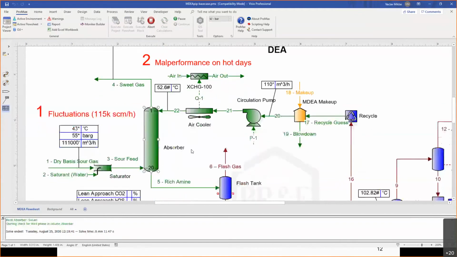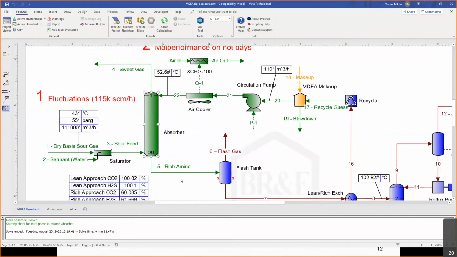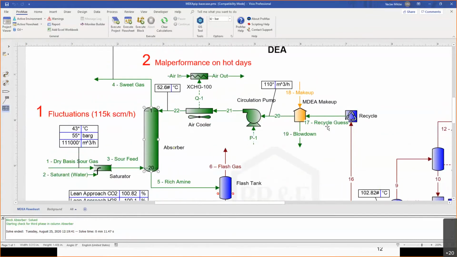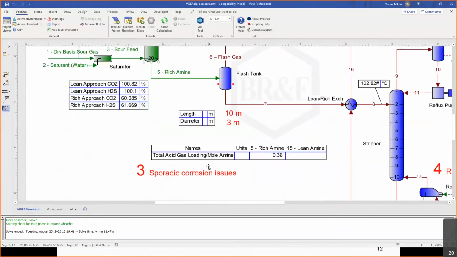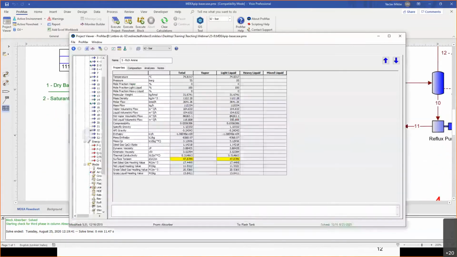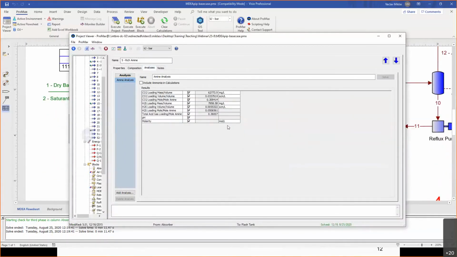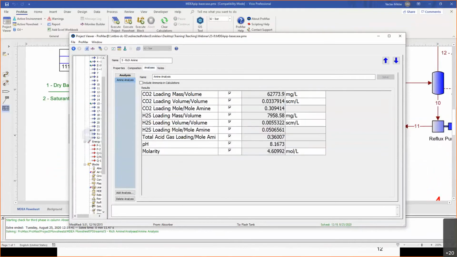Very often I'm getting a question on how we can come up with some initial circulation rate, some initial point, initial design. So what I like to do, if we take a look at the rich loading now, it is 0.36. For MDEA and piperazine, it can be higher than that.